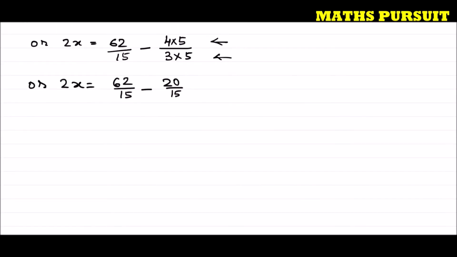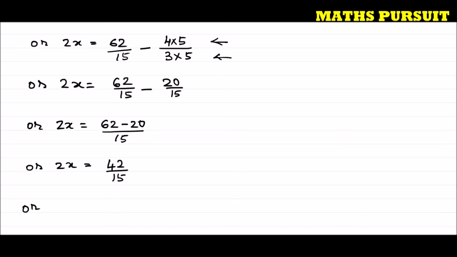Or I can write 2x is equal to 62 minus 20 divided by 15, or 2x is equal to 42 divided by 15.